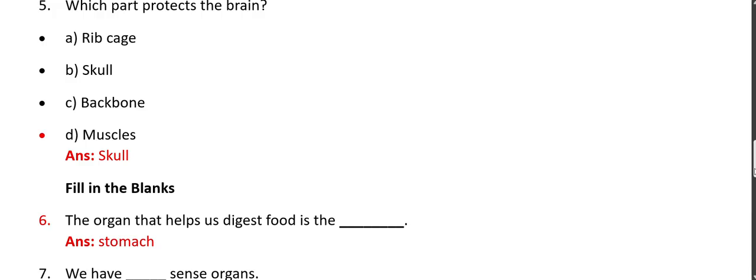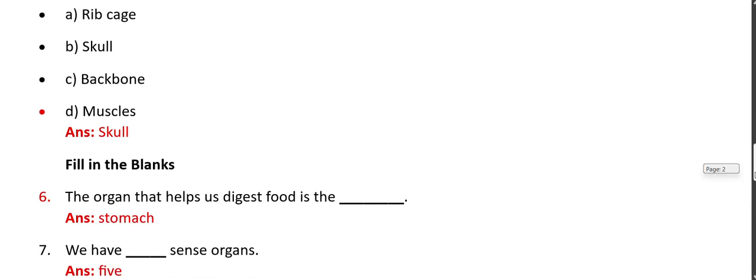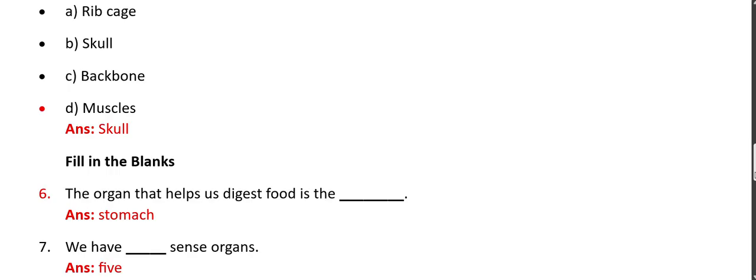Which is the sac-like organ in our body? It is actually our stomach. It looks like a sac, like a sack in which we put rice items. The next one: how many sense organs?